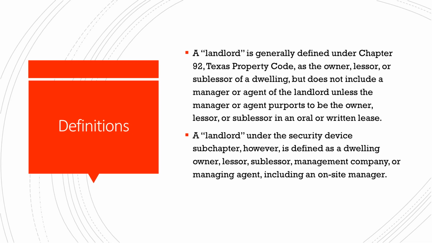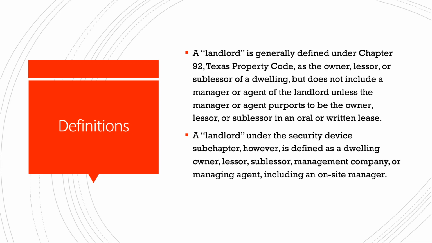So in sum, what does that mean? A landlord, someone who actually owns the property, could install or repair a security device. An employee of the landlord could install or repair a security device. And an employee of a property manager could install or repair a security device.